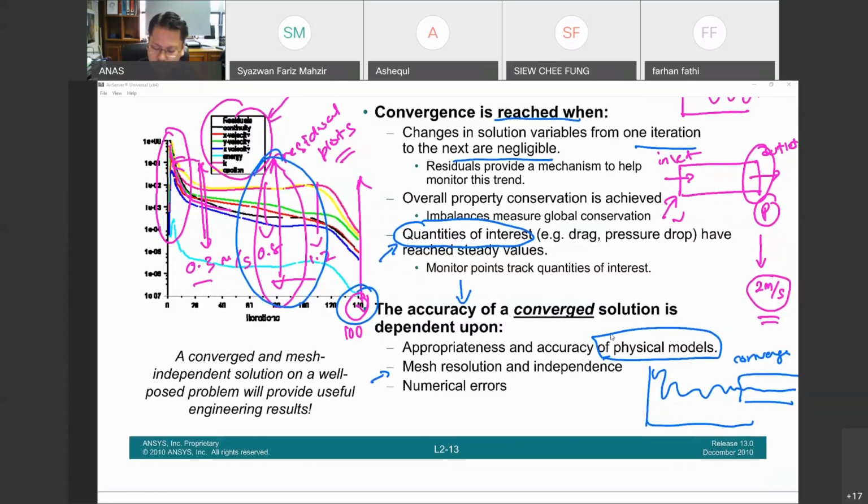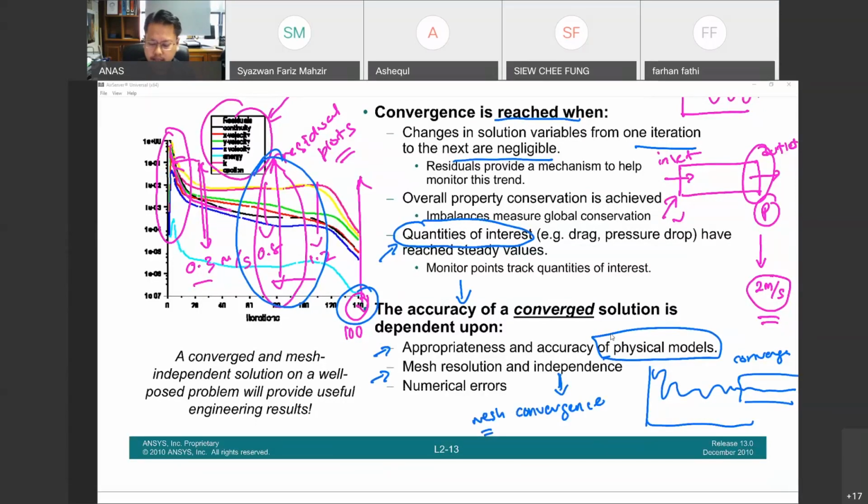And then secondly, first is the physical model, secondly is the mesh resolution and independence, meaning there is one method called the mesh convergence study, which you need to do for your second lab and also for your case study.